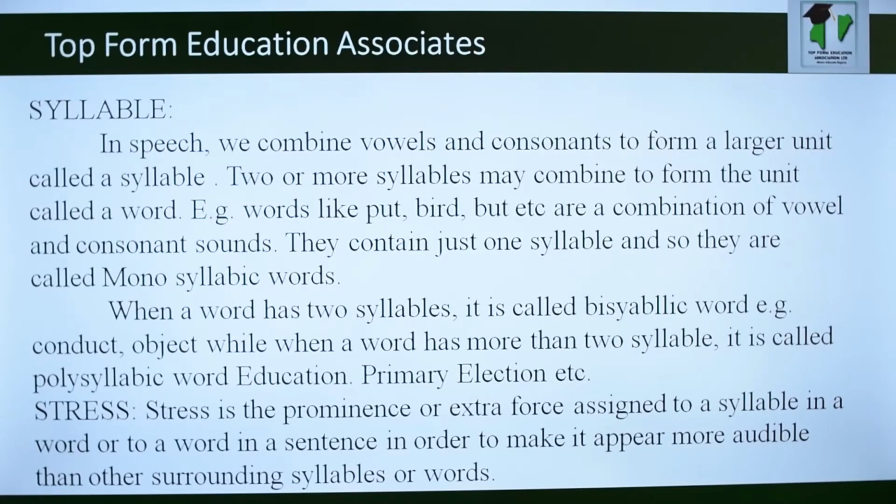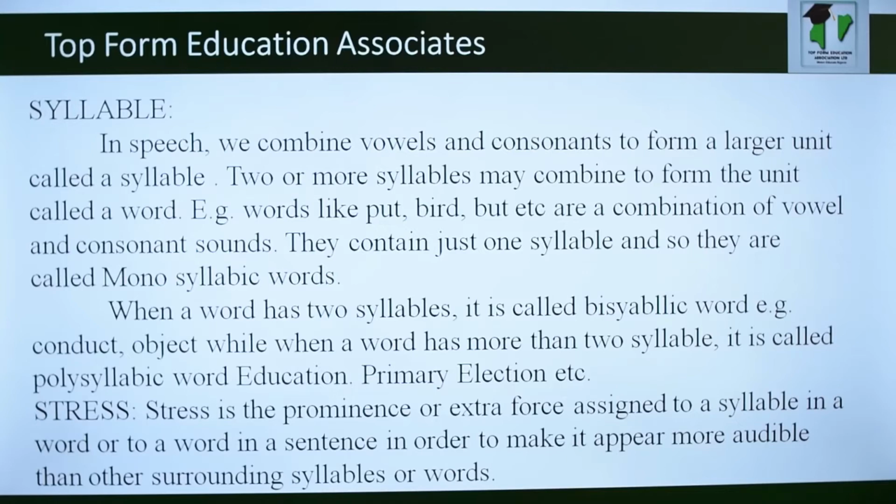So the word put is p, u, t. We have consonant, vowel, and consonant, all making what? A syllable that has just one unit. They contain just one syllable, and so they are called monosyllabic words.